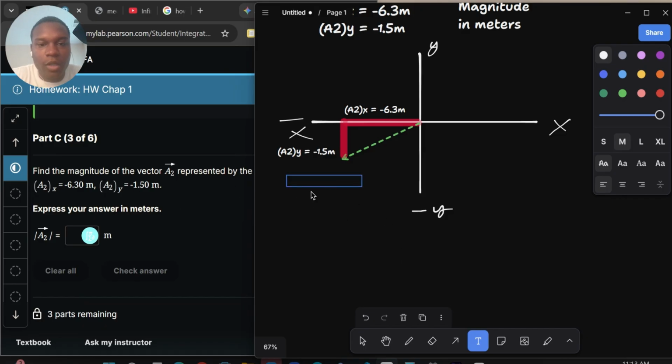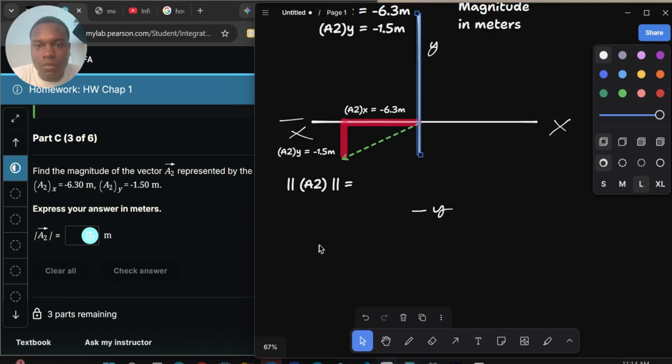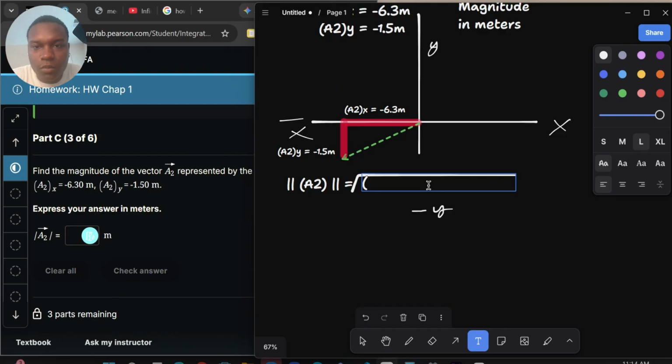So we do the magnitude in meters of vector A2 equals negative 6.3 squared plus negative 1.5 squared under the radical.